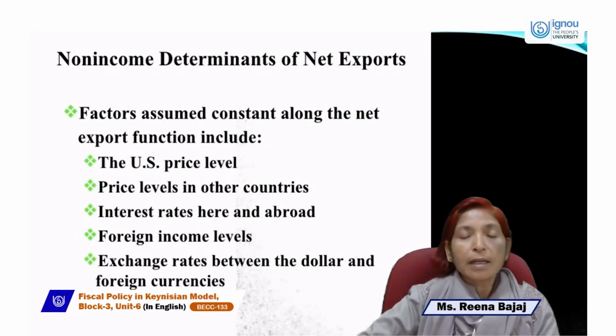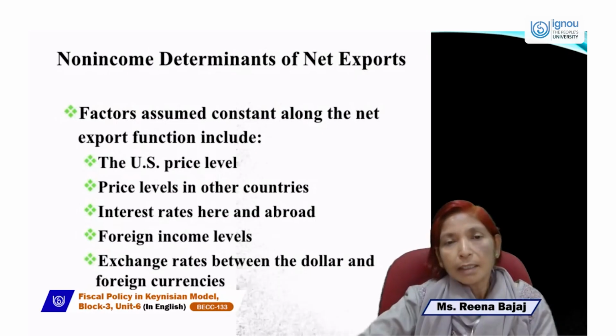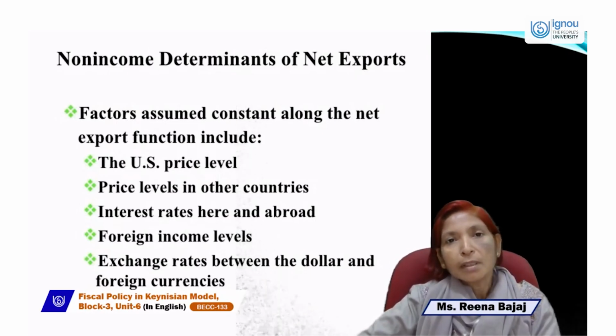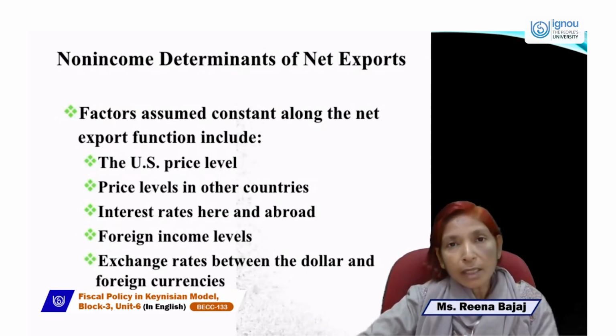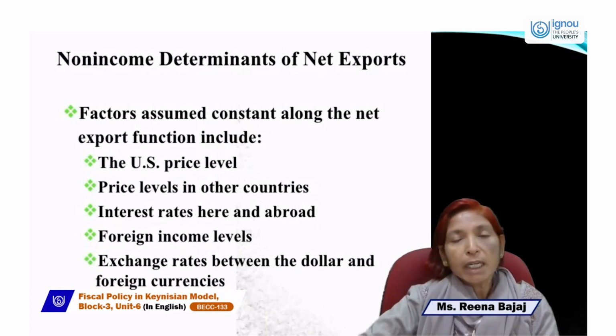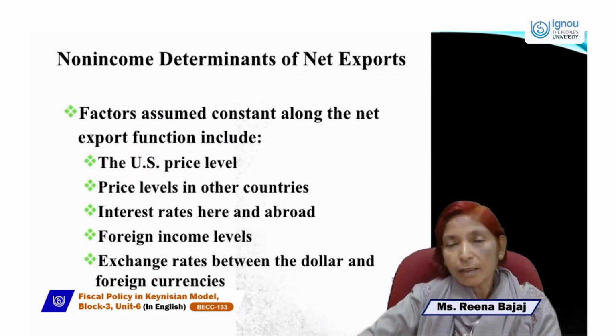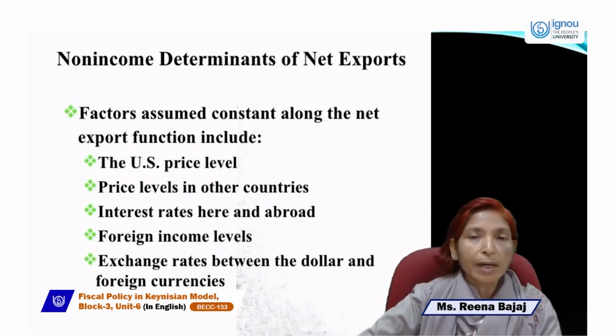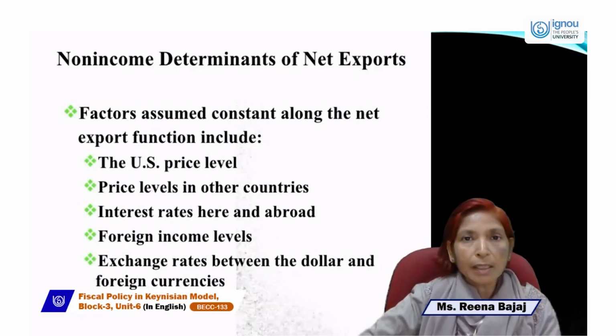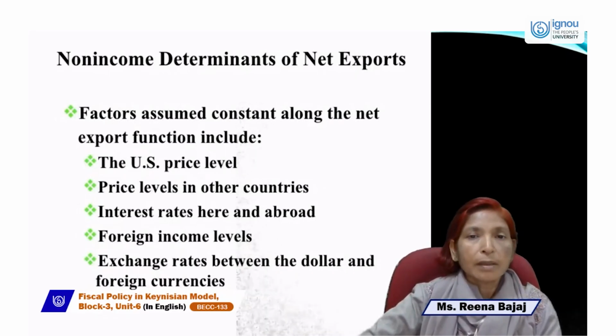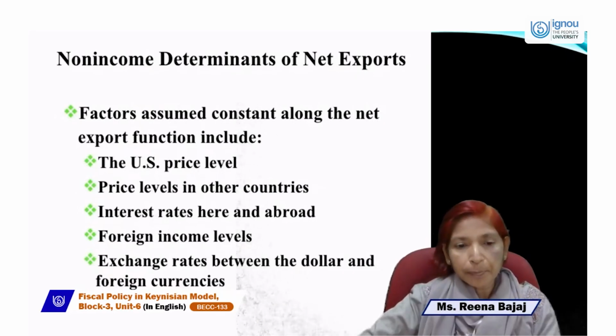If interest rates are higher in India and lower abroad, then foreigners will be encouraged to invest their money in India. So foreign currency or money inflow will rise. If interest rates are higher in our country, then money inflow will rise. And if the interest rate is lower in our country and higher abroad, then money outflow will rise.